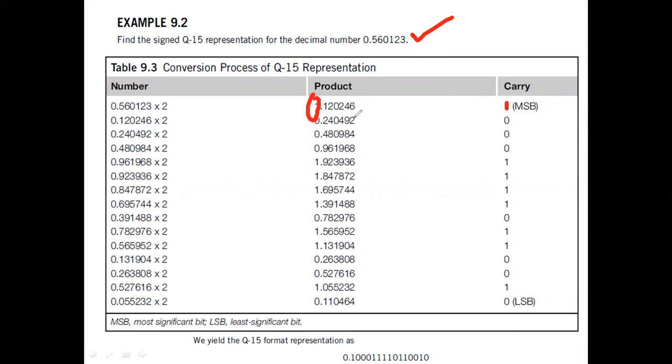The remaining fractional part of the product is once again taken and multiplied, the carry is 0, again multiplied, the carry is 0, right? We have done this particular thing once again in the classroom. And finally the number you get is here, see, 1 0 point, because it's a positive number. Afterwards all these values will be written from MSB to LSB.